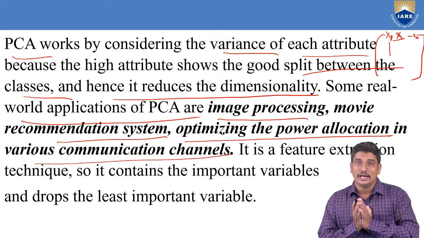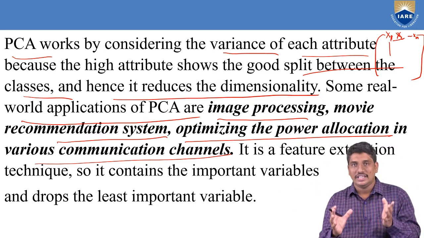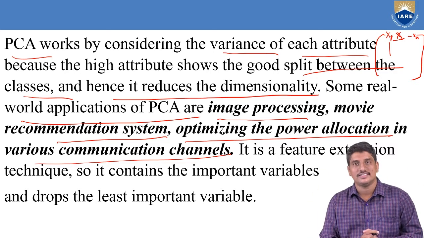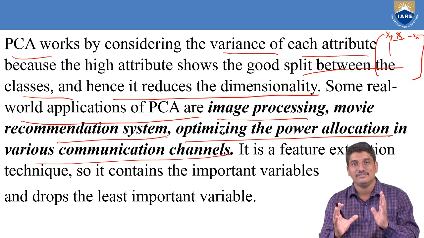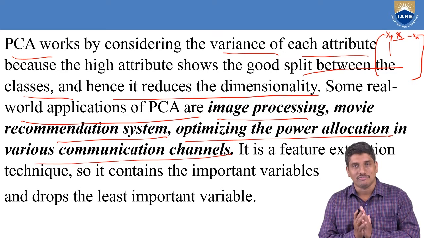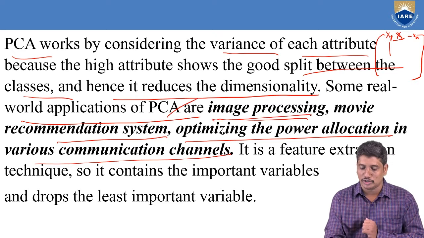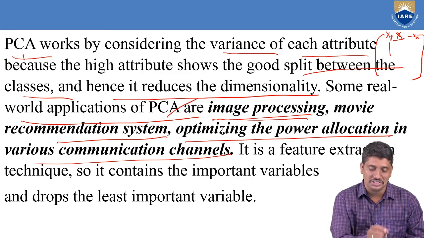Also, if an image occupies a large set of data in the system, we can compress the image without disturbing its essence or clarity, and save it in fewer bytes of memory. So for image processing, to increase clarity, to remove noise, and also to save storage space, we need dimensionality reduction, which is done by PCA.